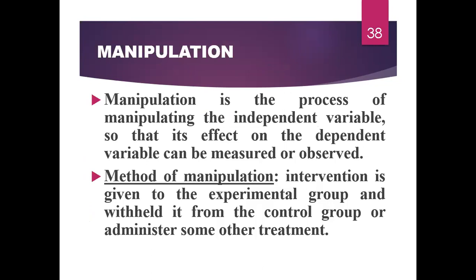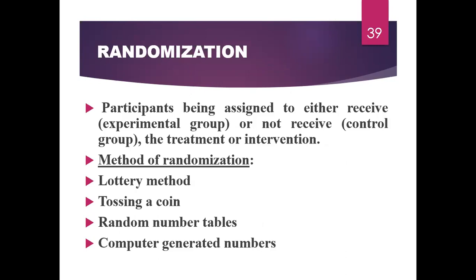Coming to manipulation. Manipulation is the process of manipulating the independent variable so that the effect on the dependent variable can be measured or observed. Randomization: participants are assigned to either the experimental group or the control group, the treatment or the intervention.